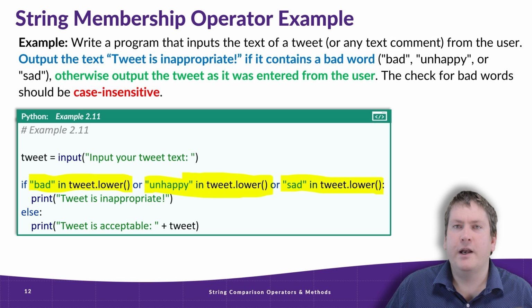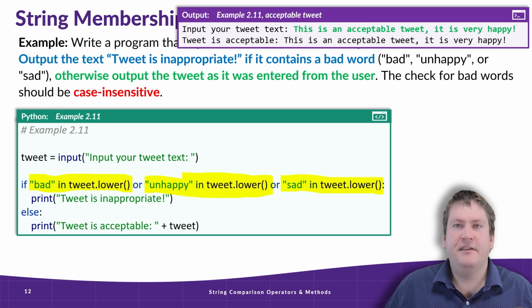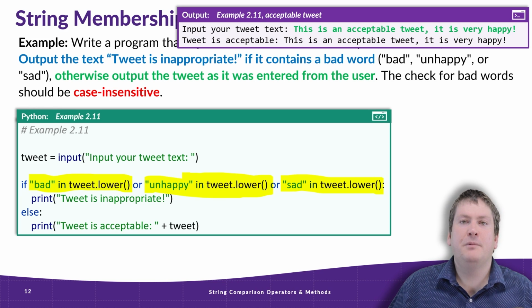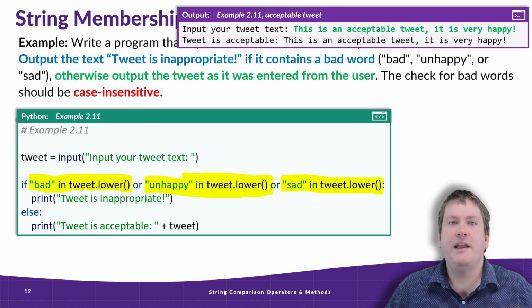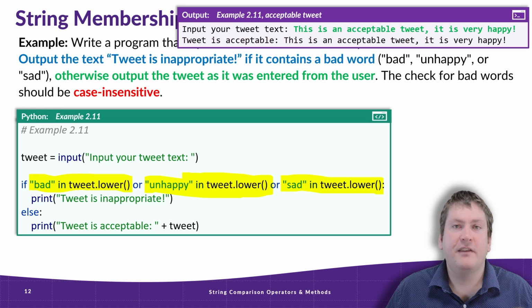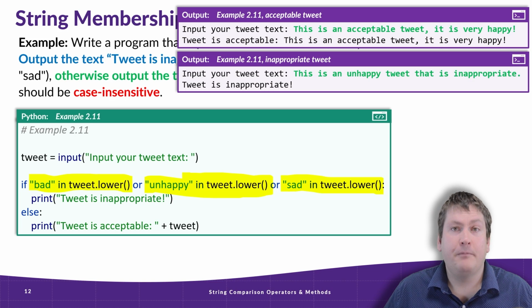Let's take a look at what running this would output. If we input the text "this is an acceptable tweet, it's very happy," we would get "tweet is acceptable, this is an acceptable tweet, it's very happy." The reason why is the words bad, unhappy, and sad don't occur anywhere in the text that we entered. But what if we said "this is an unhappy tweet that is unacceptable"?